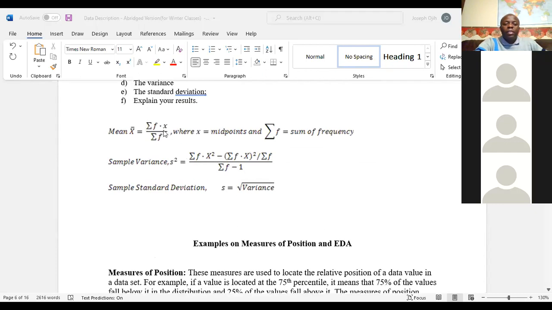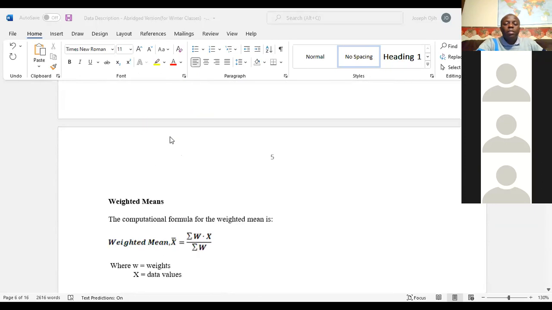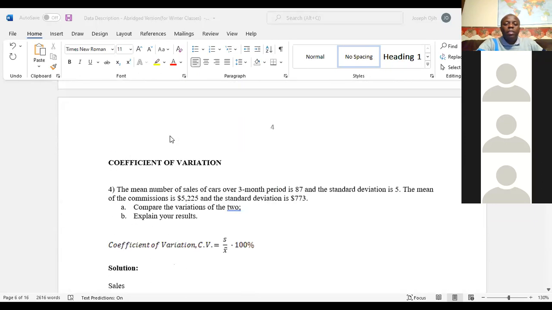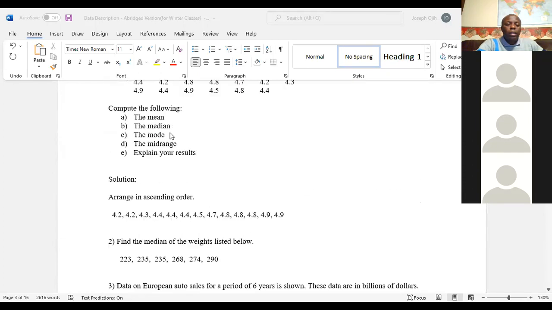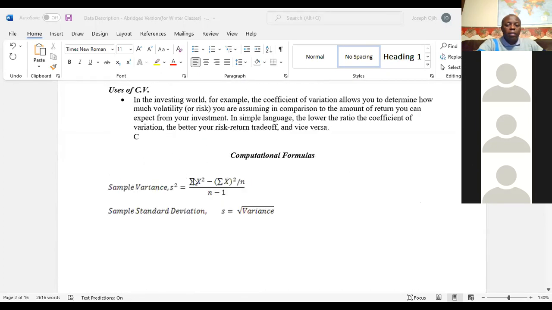If you look at this formula, you observe that it is very similar to the one we use for ungrouped data. This is the one we use for finding the mean for ungrouped data. They look alike, except that in the one we're using today, the frequency F has been added.